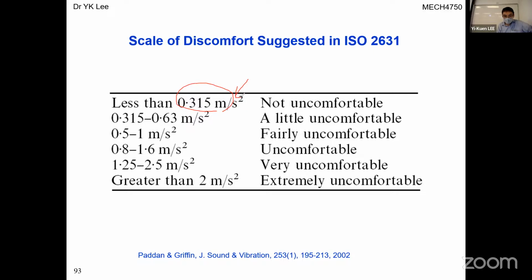For the human body, if it is less than 0.3 meters per second squared, it's not uncomfortable. If it's bigger than 2 meters per second squared, then it's extremely uncomfortable. Something between is fairly uncomfortable. So this is quite an important way that in some product design, we may need to consider this ISO standard.